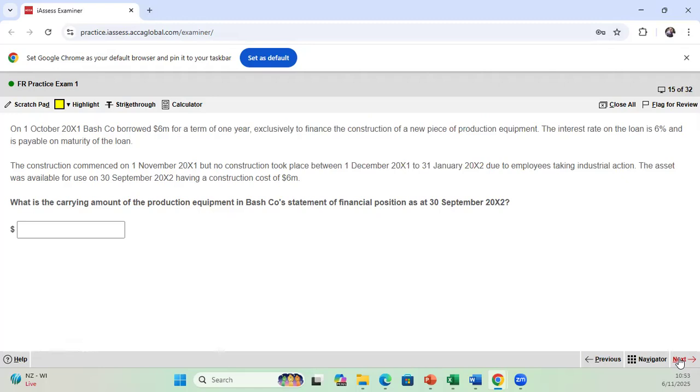So it means it's 9 months out of 12. We would not capitalize the interest during the stoppage period. The assumption is that once it is said the asset is available for use, that is when capitalization ends.